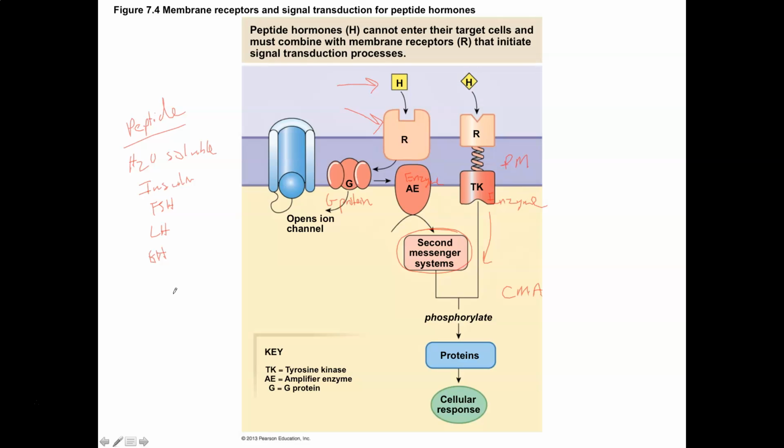What's interesting about all of these mechanisms is that they can give you quite a rapid response as it relates to hormones. Hormones are a slower process in general, but because the machinery is already built into the cell, we can get a faster response because of the existing receptors, the existing G proteins and enzymes within the membrane, and of course the existing proteins within the cell that can go on to do work.